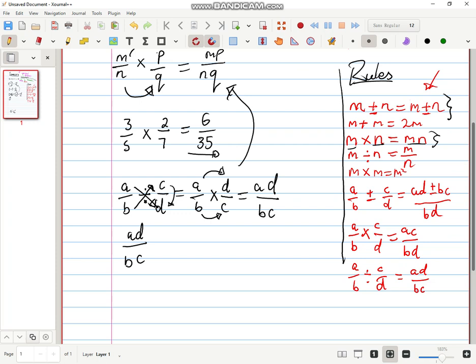From now on into your mathematics journey, you're going to have to understand these rules here, right? Please make it a point that you understand them. Don't just cram them, repeat them, study them, and make sure you remember them, because you're going to find them in your exam, right?